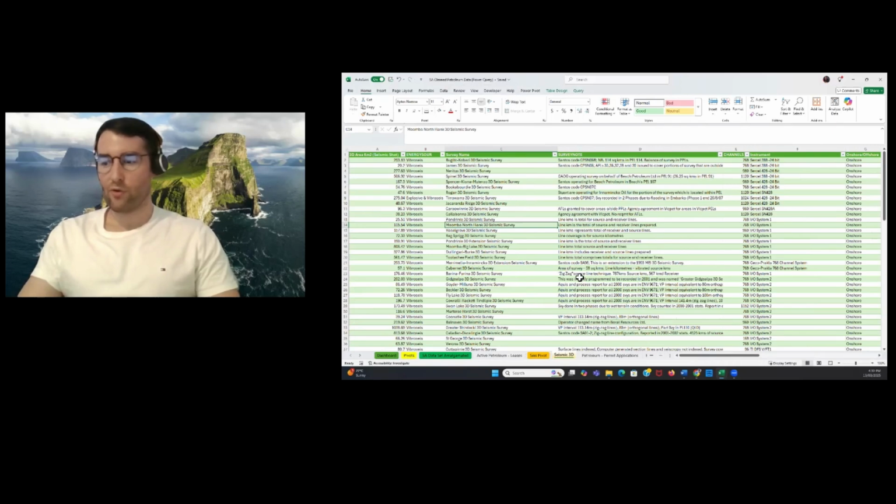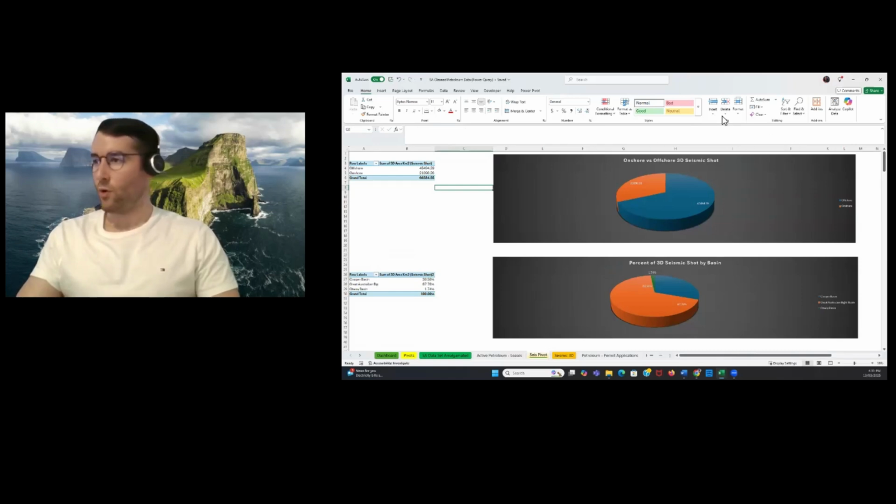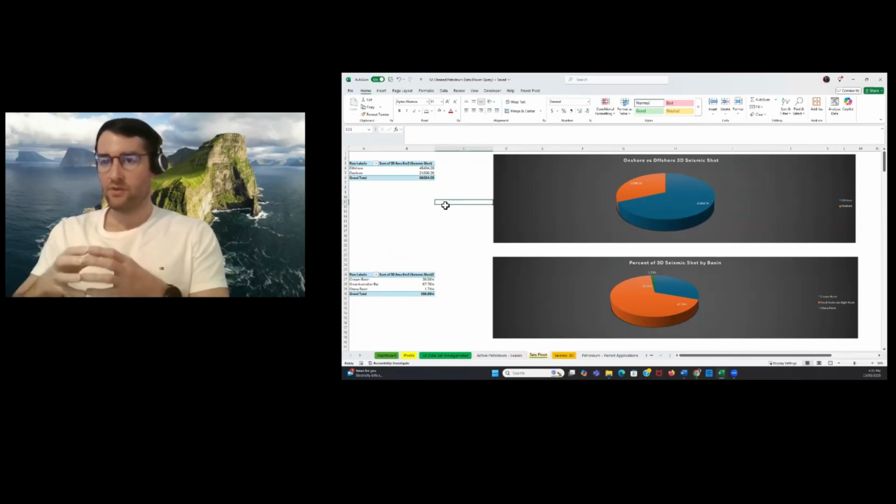To update this workflow, all I have to do is extract again when the government data gets updated on SA Rig, put that back into the raw data workbook, refresh the Power Query model and my pivot tables, and I've got insights there that are pretty well automated. I can also set up those insights to be automated in Excel, so I don't have to do anything, but that's pretty much the streamlined process to formulate insights in the survey area of the petroleum-based industry.